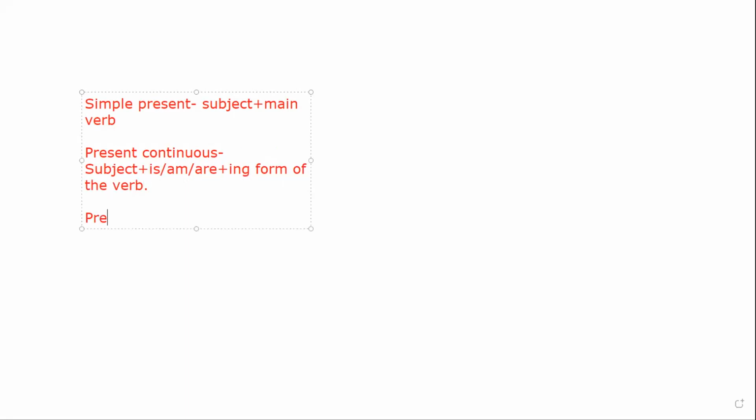And in present perfect, subject plus has or have plus the third form of the verb.